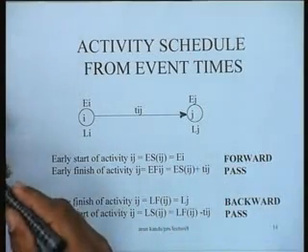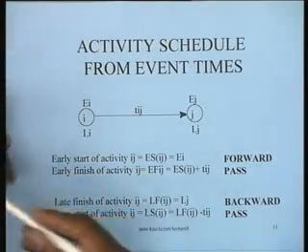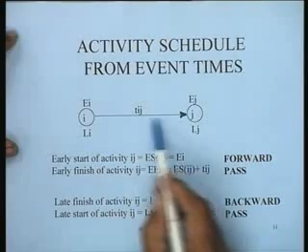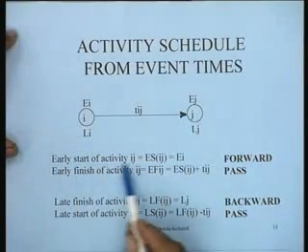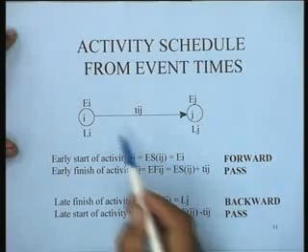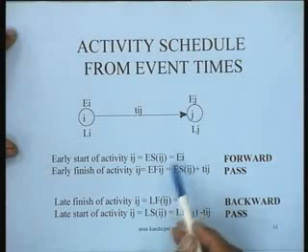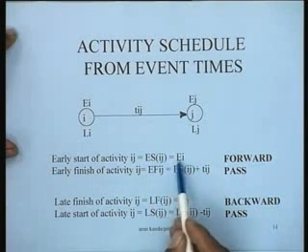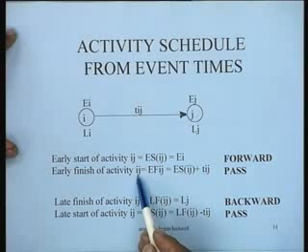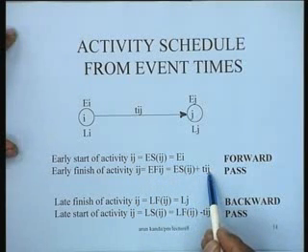So what we do is essentially we use this information and try to determine the early start of the activity ij. Early start of the activity ij is nothing but the earliest occurrence time of its predecessor node, so just e_i. And once we have determined the early start of the activity, the early finish of the activity is early start plus the duration of the activity.